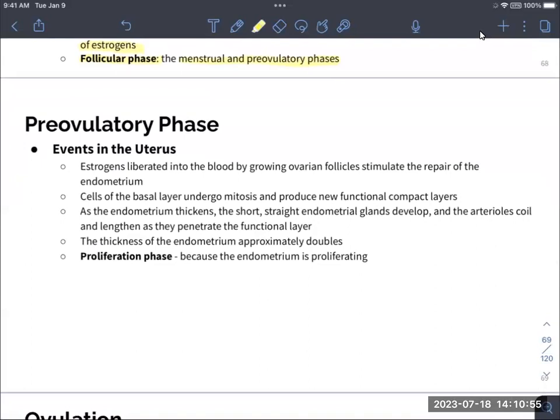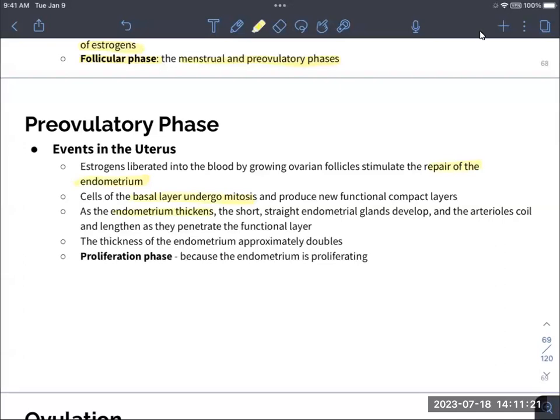At the uterus, estrogens are being released into the blood flow from these ovarian follicles. It's causing the repair of the endometrium that was just shed. That basal layer goes through mitosis, and these cells are going to continue to grow and grow as this endometrium continues to thicken.